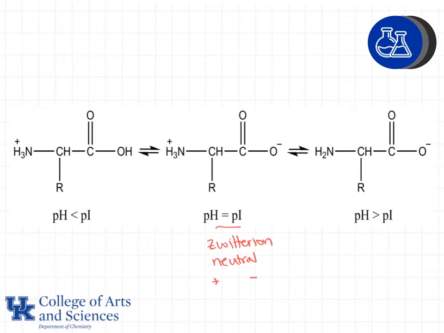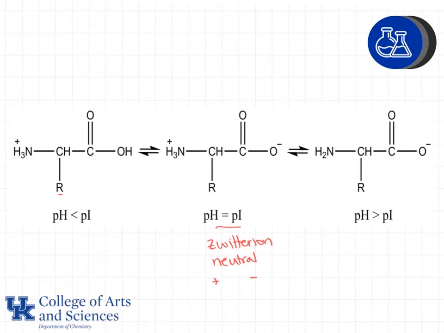When we look at pH less than pI, it doesn't matter what the pH or the pI is; we're just making a qualitative comparison. Anytime pH is less than pI, this is what the molecule will look like, and we will see the same pattern for every single amino acid. Notice this shows the generic R, which means it applies to all 20 amino acids.